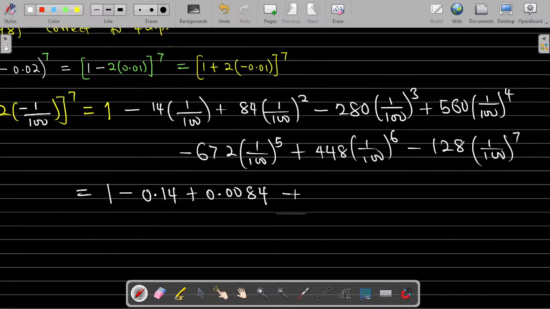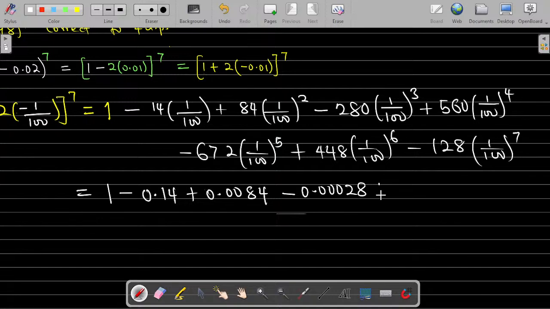Then minus 0.01 to the power of 3, which is 5 zeros then 1, multiplied by 280, giving us 0.00028.